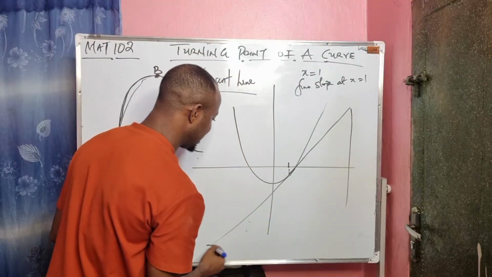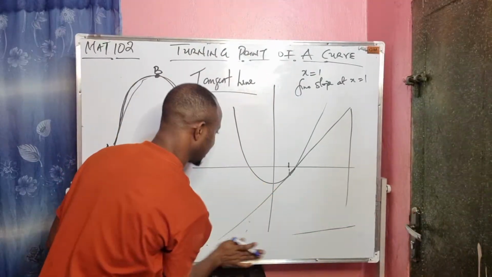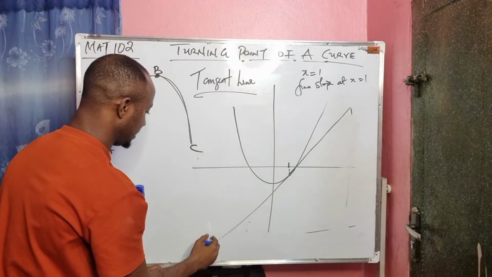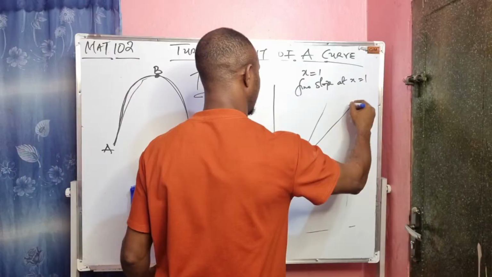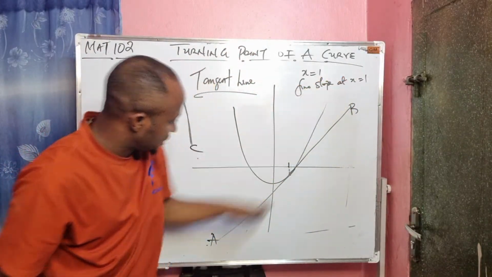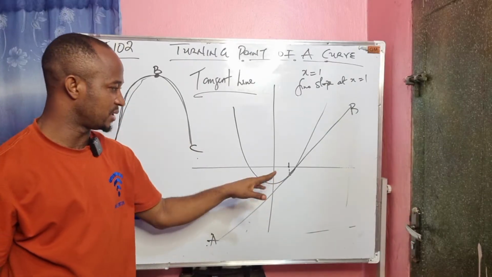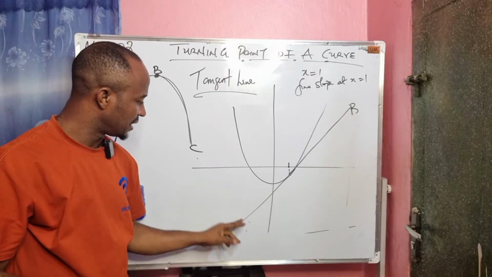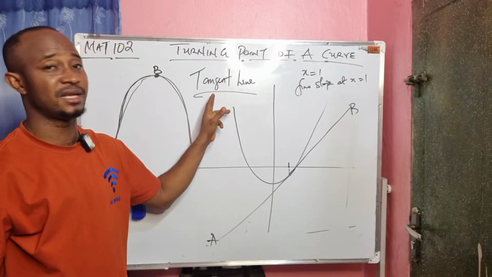That straight line is called the tangent line. This straight line you're seeing here, let's say I have point A, I have point B. The straight line that touches a curve at a particular point and determines the slope of that curve is called what? Somebody? The tangent line.